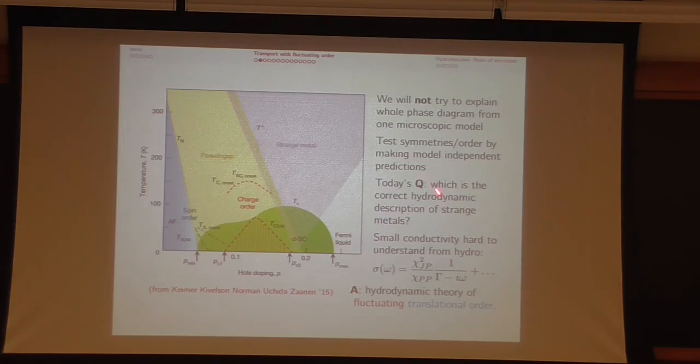But the question I'll address today is what theory of hydrodynamics describes the strange metal. I think it's almost a question that should come before trying to make a model, whether it's an AdS/CMT model or a microscopic model. It's a question about the symmetries. What symmetries does your model need to have, or what symmetry breaking does your model need to realize?